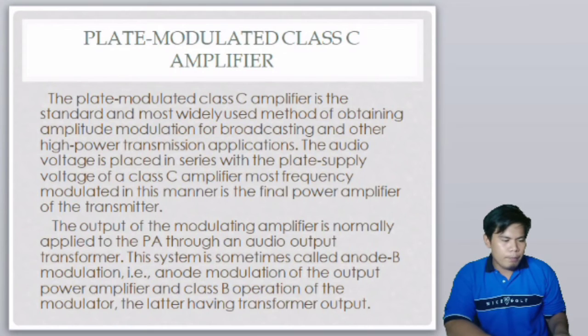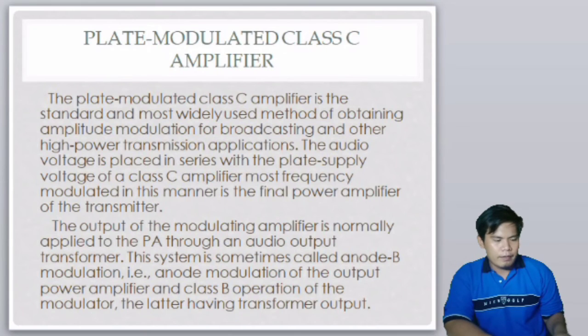The audio voltage is placed in series with the plate supply voltage of a class C amplifier. Most frequently modulated in this manner is the final power amplifier of the transmitter. The output of the modulating amplifier is normally applied to the PA through an audio output transformer. This system is sometimes called anode B modulation.